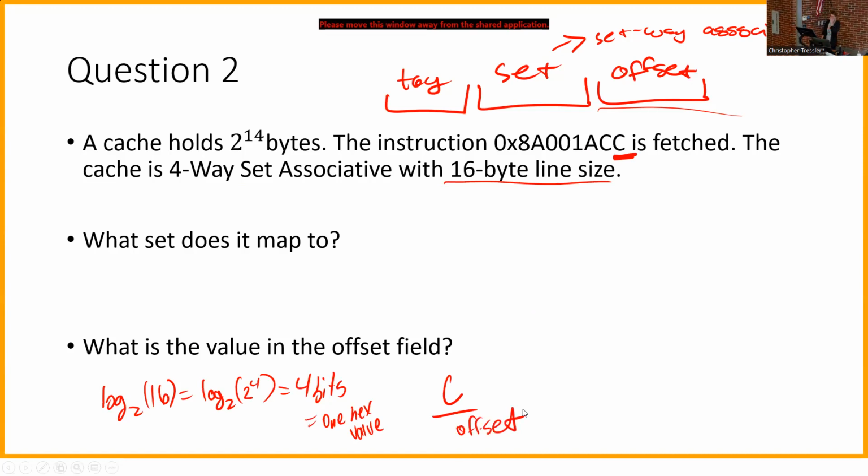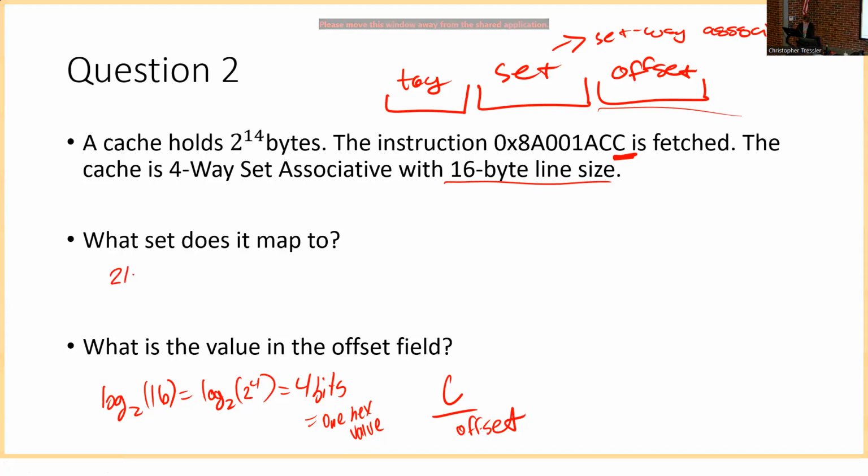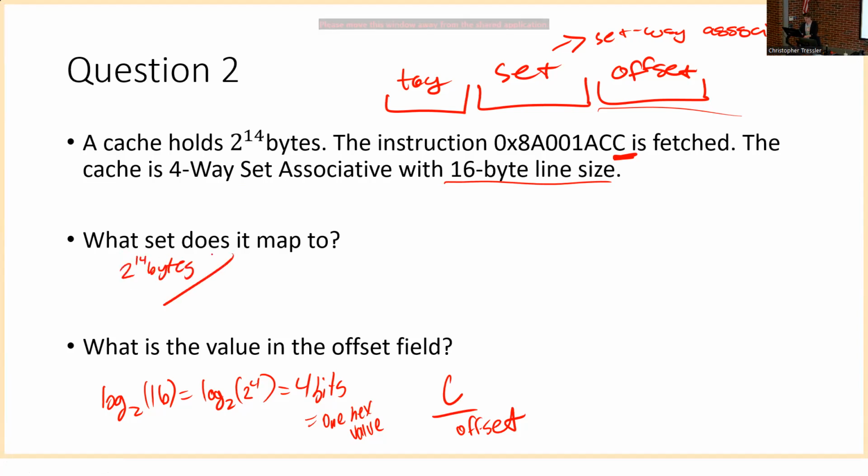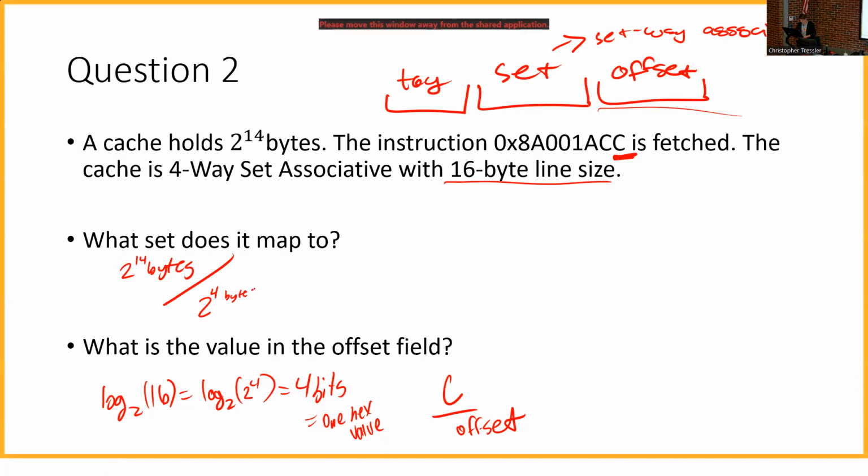Now we need to find what set it maps to, so we have to find the number of sets. The cache is 2 to the power of 14 bytes. We divide 2 to the power of 14 bytes by 2 to the power of 4 bytes per line, which gives us 2 to the power of 10 lines.